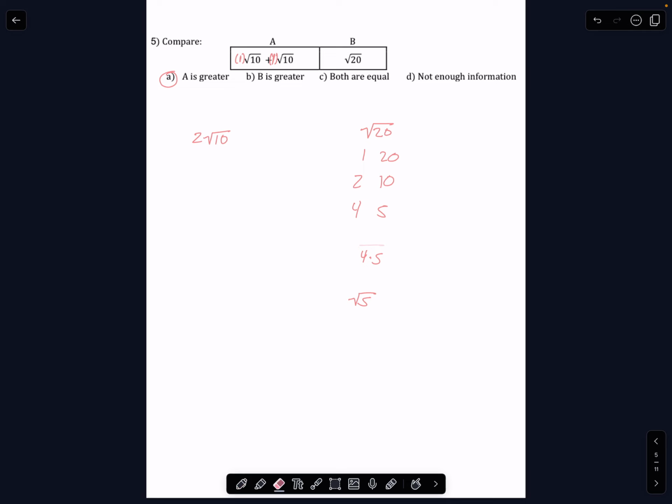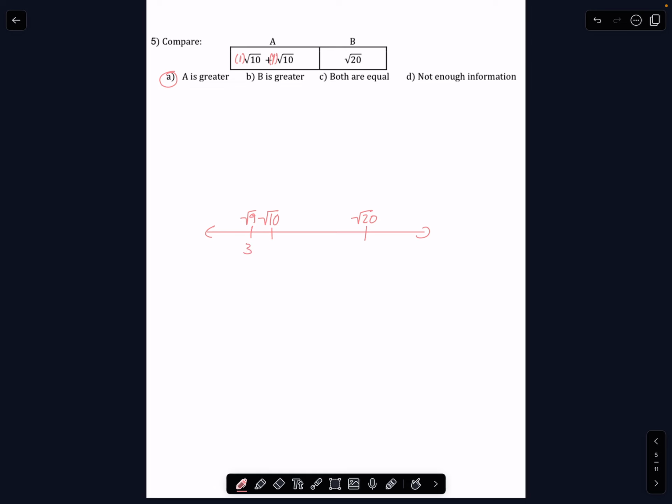Now, another way to solve this is by drawing a number line. You draw a number line and you plot down the square root of 10 and here the square root of 20. Now, what's the nearest square root from the left that we know of? And that's the square root of 9, right? Because the square root of 9 is 3.